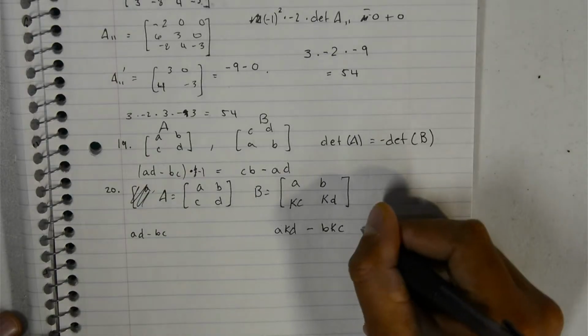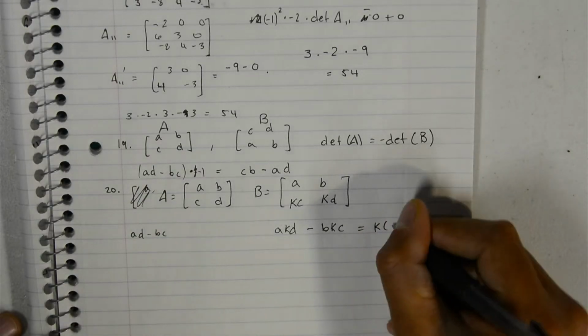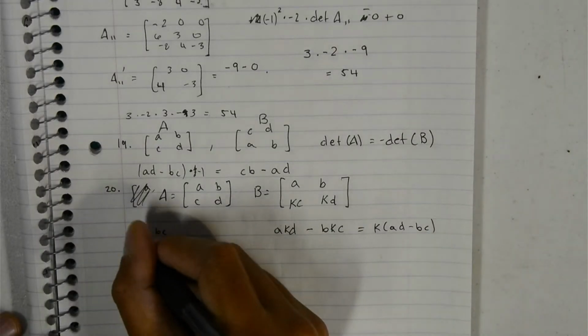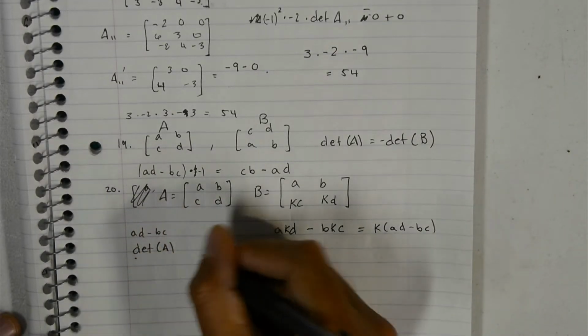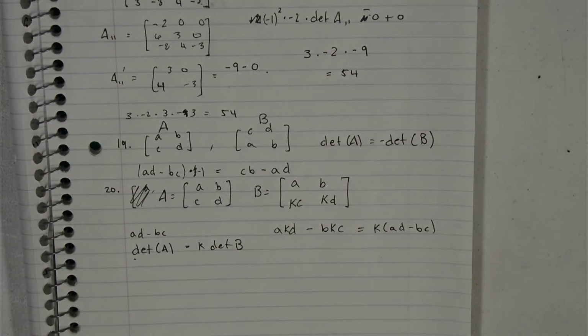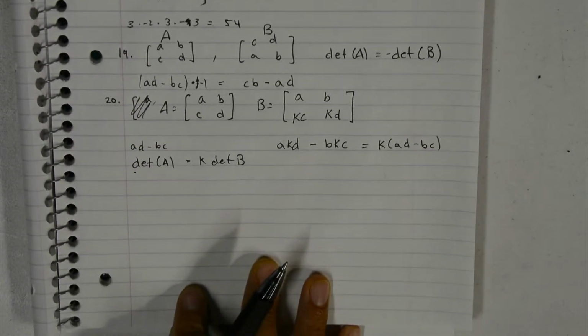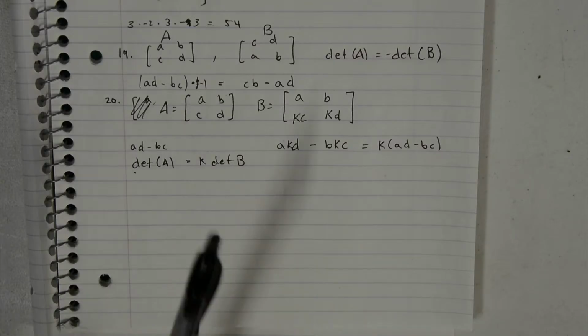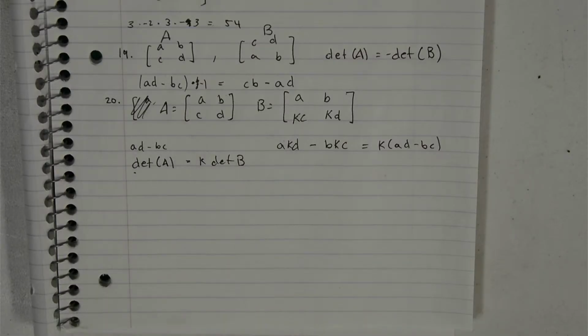So we can factor K times AD minus BC. So the det of A is equal to K times the det of B. It'd be interesting to see how that changes in bigger matrices.